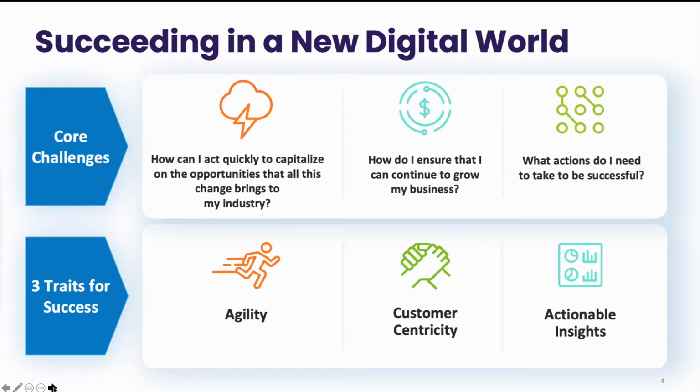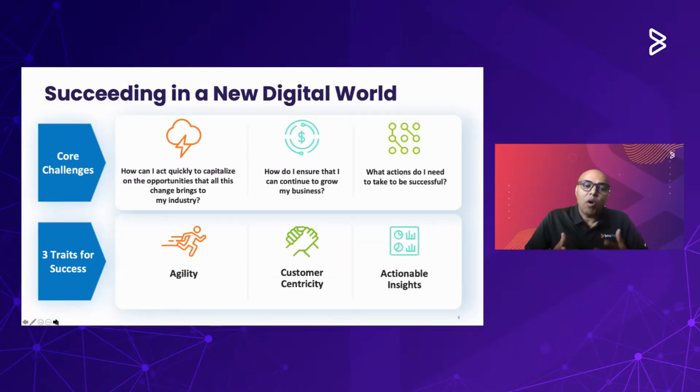Customer centricity is another one we need to look into, aligning and focusing our business on who the key customers are and how we best serve their interests. And with all of those together, how do we get actionable insights so that we can orient ourselves to serve our customers better?